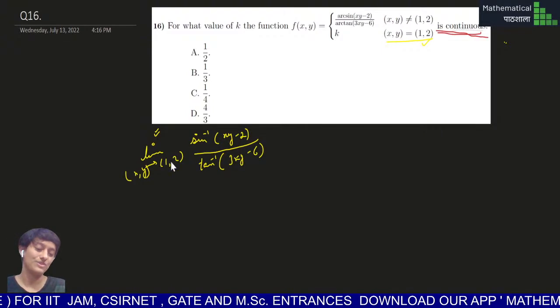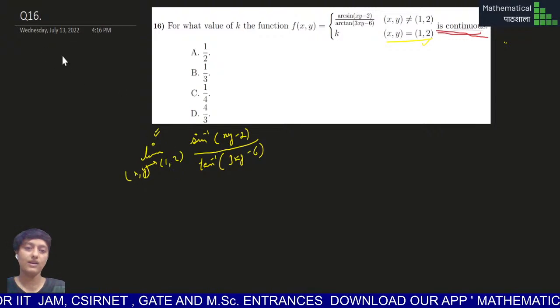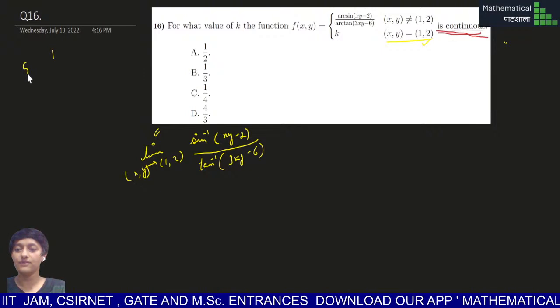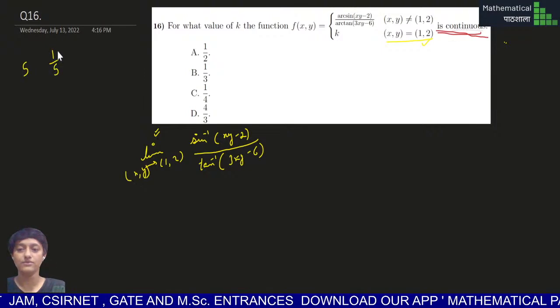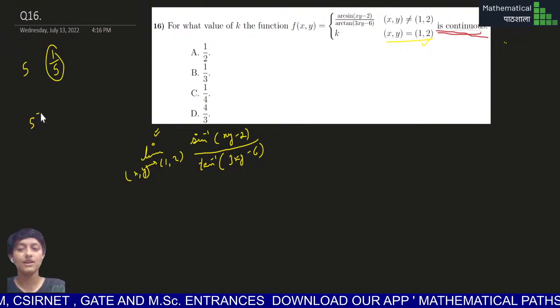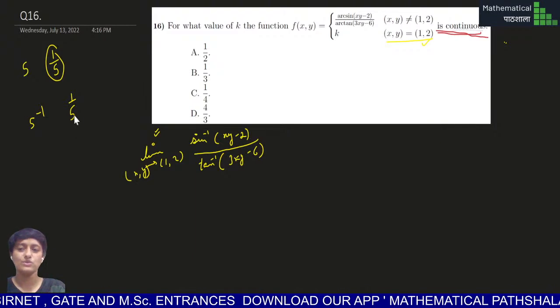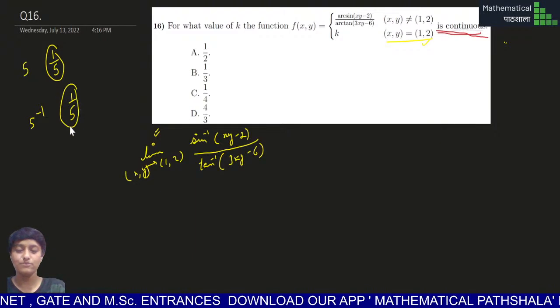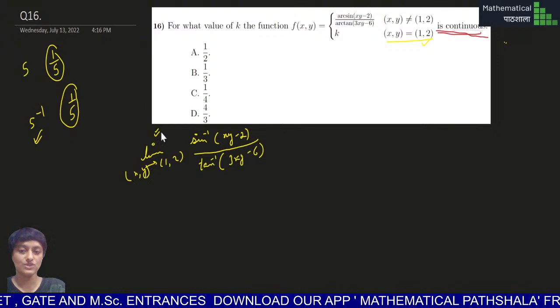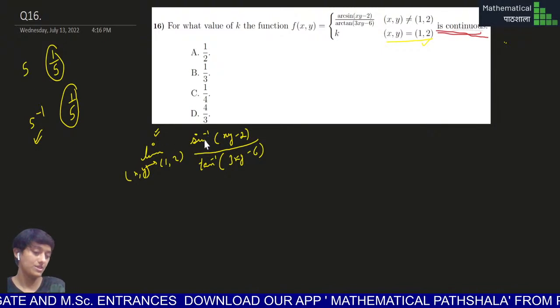It is the same as 1 by 5: why do we call it by two names? It is 5 inverse also and 1 by 5 also. Its name is 1 by 5, but it is the inverse of 5. Similarly, its name is arc sine and it is the inverse of sine. So we represent it by this.